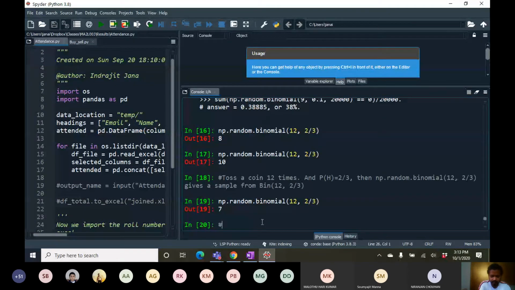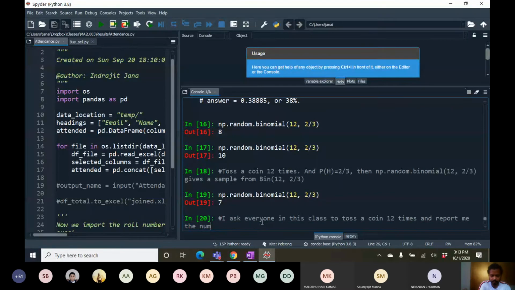Suppose I ask everyone in this class to toss a coin 12 times and report to me the number of heads.